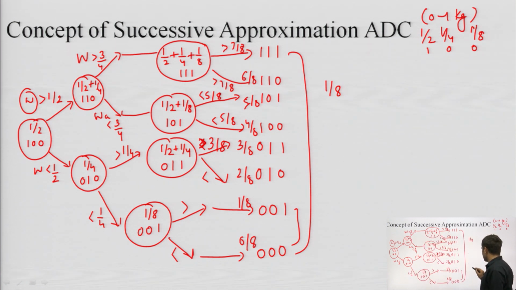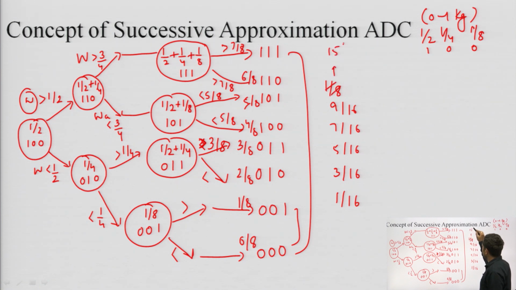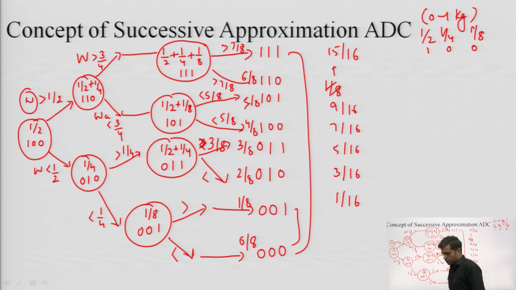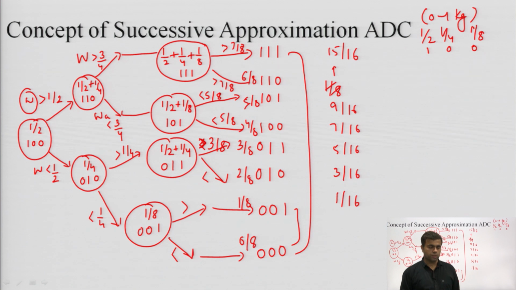So I can use 1 by 16, then 3 by 16, 5 by 16, 7 by 16, 9 by 16, and going further up to 15 by 16. So I can continue like this as well. This will give me better performance if I choose this 1 by 16 quantization step.